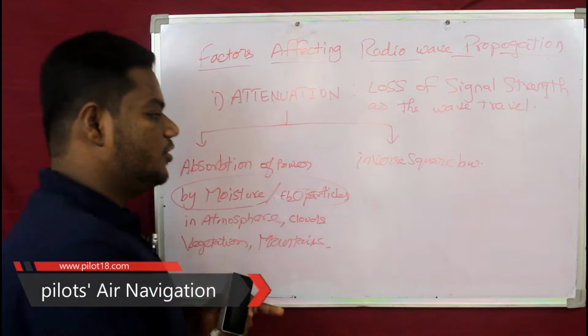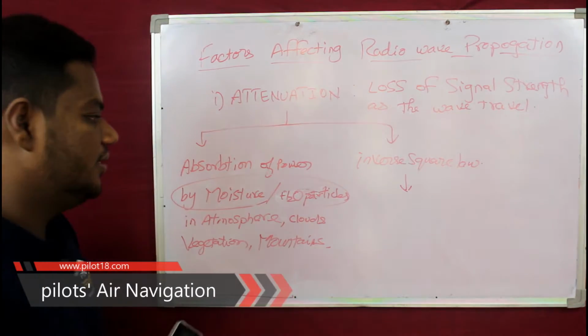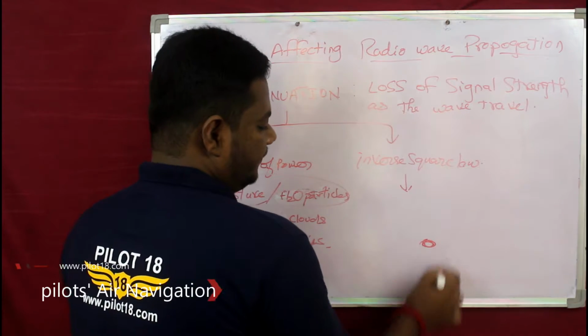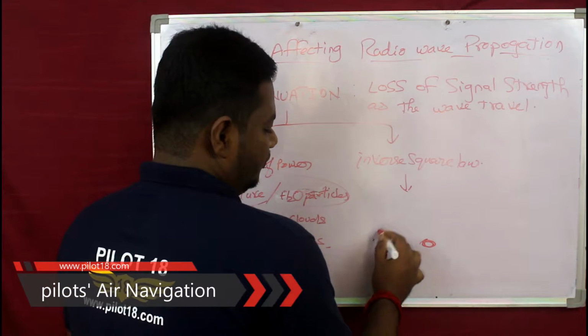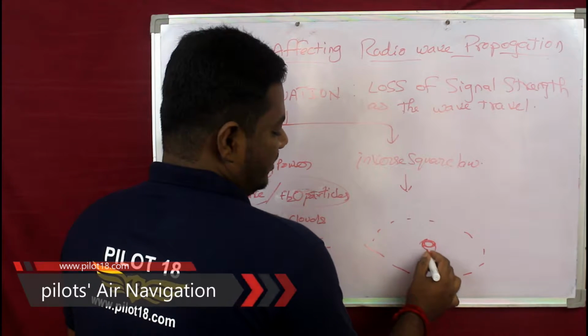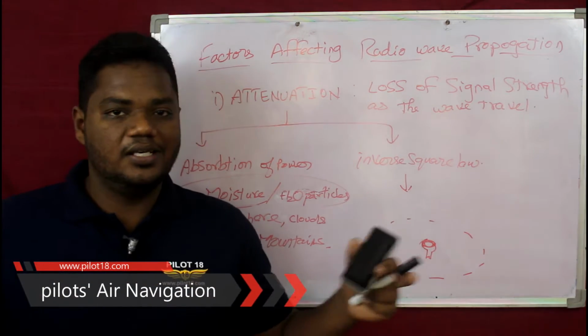And the next one is inverse square law. You can imagine a light. When you place a light in a room, the light spreads up to a certain direction, a certain length. Let's say a bulb; when the bulb glows, it lights up to a certain place.